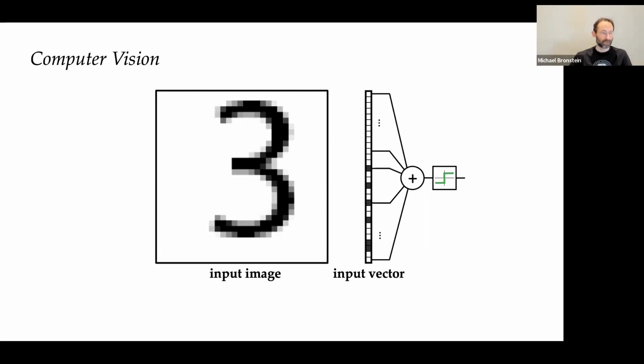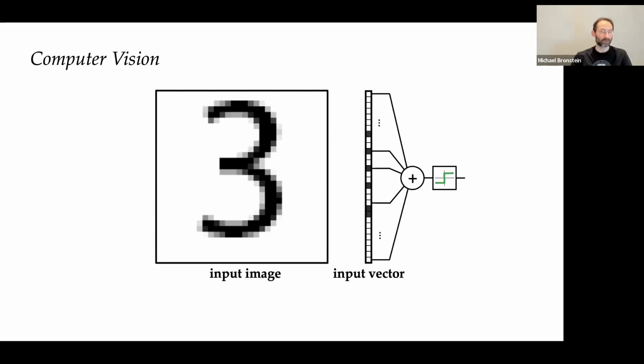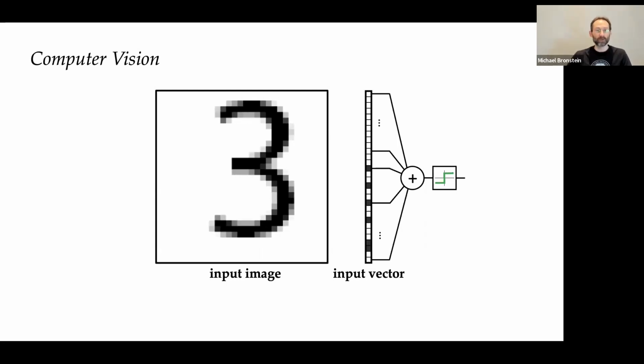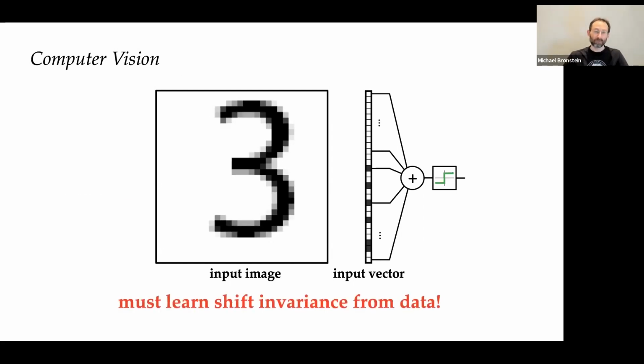Now, what happens is that if I just take a shifted version of this digit 3, we know intuitively that it's still the same digit, right? But the vectorized input will be very different, and as a result, we'll need to show a lot of examples to the neural network in order to learn that shifted inputs must be classified in the same way. So we usually call this data augmentation.